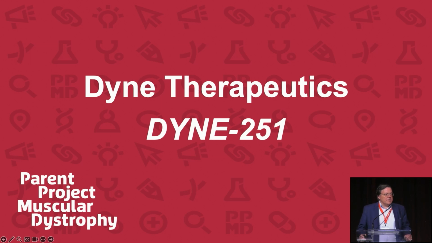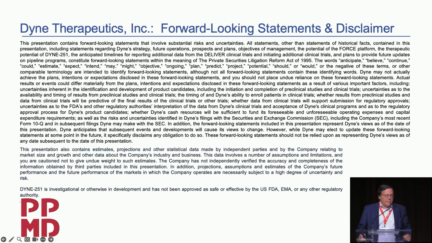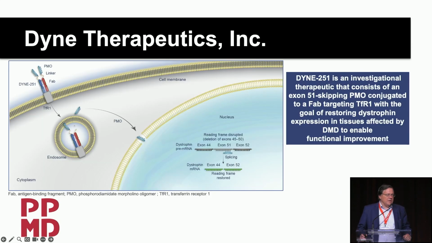Another approach, and there are 2 companies I'll talk about here, Dyne Therapeutics and Avidity, use similar approaches. This is Dyne's disclaimer language, but I want to concentrate here on the mechanism. The current approved antisense therapies, the naked antisense PMOs, rely on diffusion across the cellular membrane.